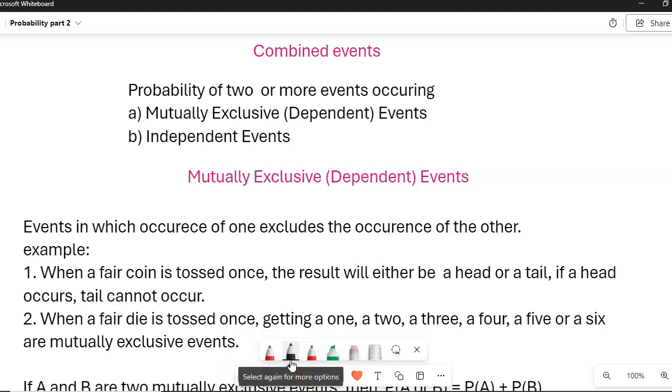Number one, we have mutually exclusive events, which are known as dependent, and we also have independent events. These are the events you're going to consider to understand combined events. We're going to start with the first one, the mutually exclusive events.